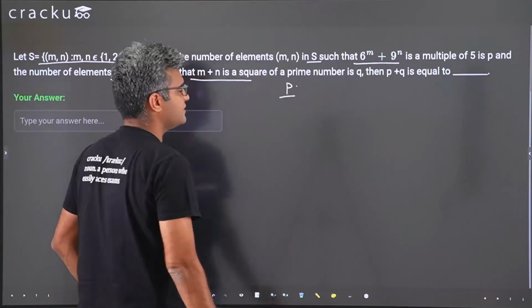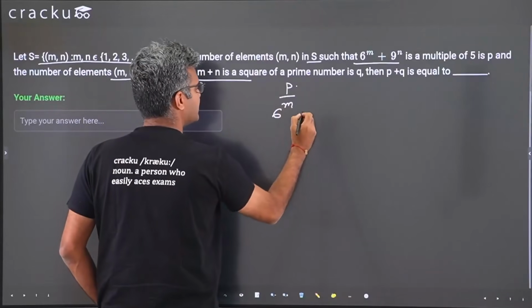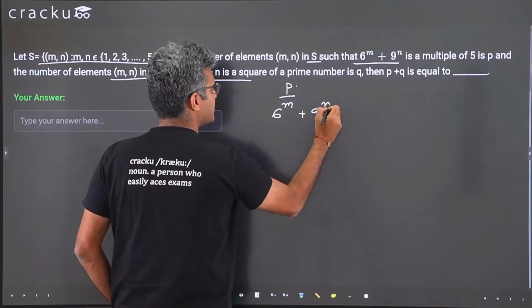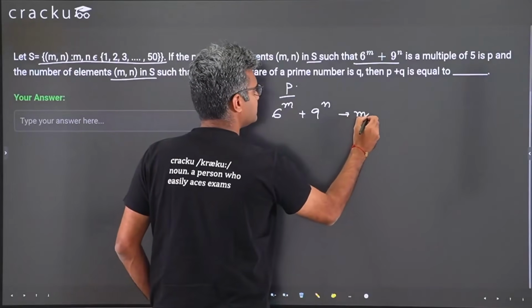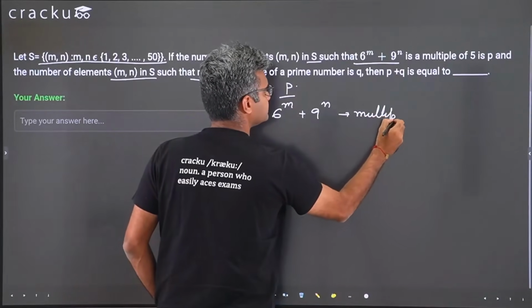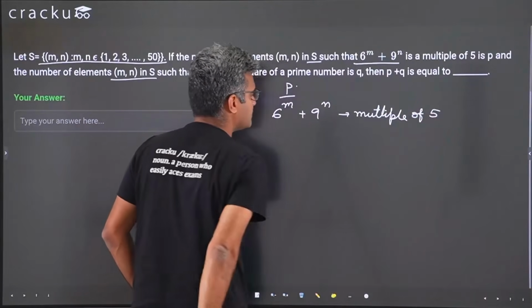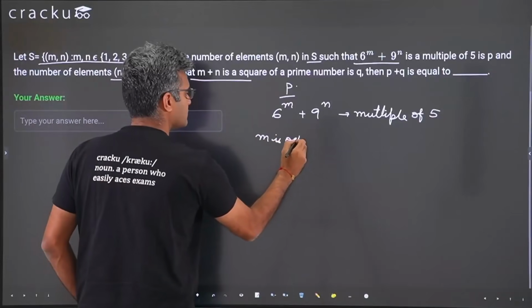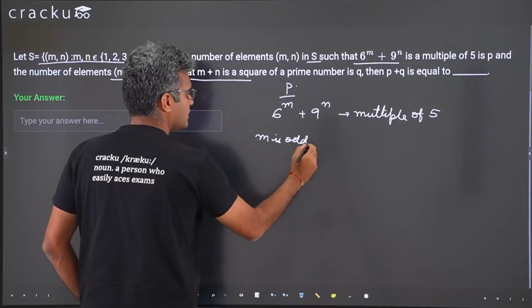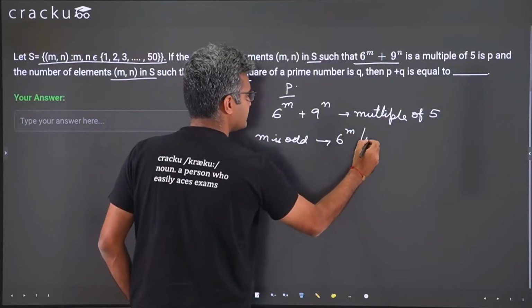To calculate the value of P, we need to calculate the number of values of m and n such that 6 to the power m plus 9 to the power n is a multiple of 5. Now when m is odd, the remainder when 6 to the power m is divided by 5 is 1.